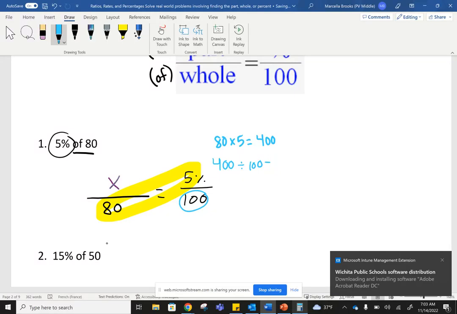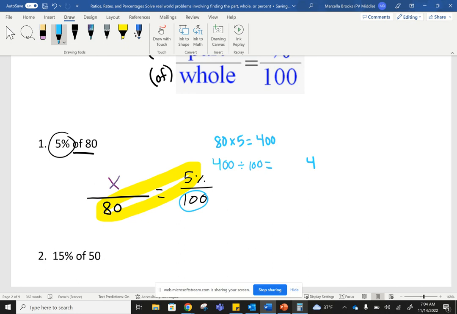I'm getting new software. How exciting. So I'm scooting this 4 over here because it won't let me write it closer. So 4 over 80, you're going to rewrite the proportion. 4 over 80 is equal to 5 over 100, okay?